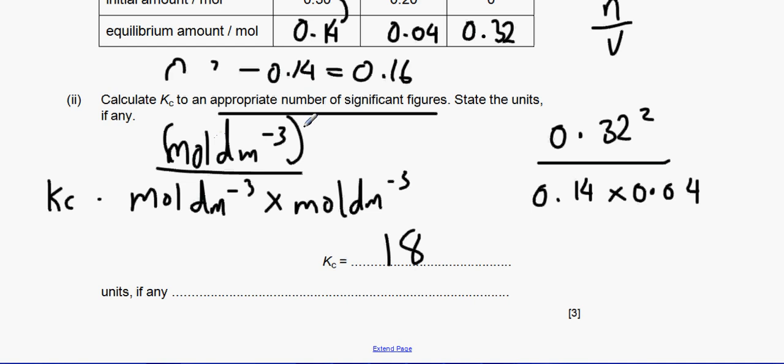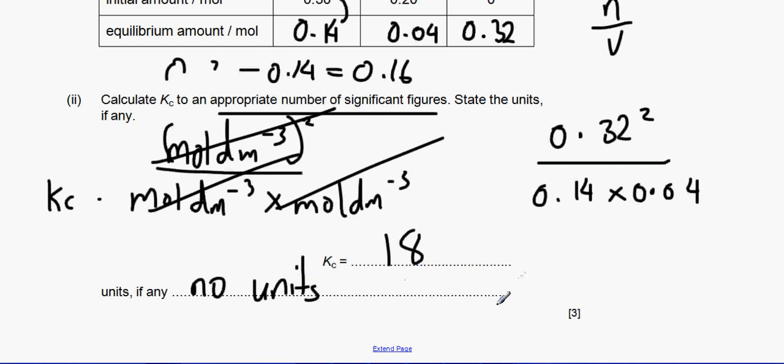By the way, this is squared because over here we've got 2 of them, 2 of 0.32s, so we need to have 2 of mole per decimeter cubed. So we've got 2 of them here, and we've got 2 of them here, so we can cancel them all out, and there are no units. You need to write no units, otherwise you will not get that mark. And that is it. I know that was pretty long, but that is it for calculations using Kc.